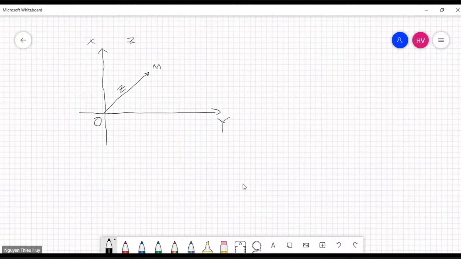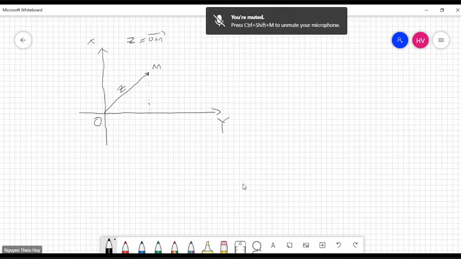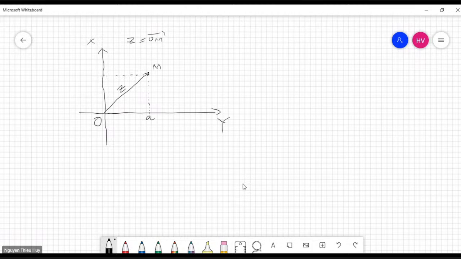So here we represent it as a vector, and here you have A, and here you have B, right? Good. Then this angle is phi. So this angle here is pi half.